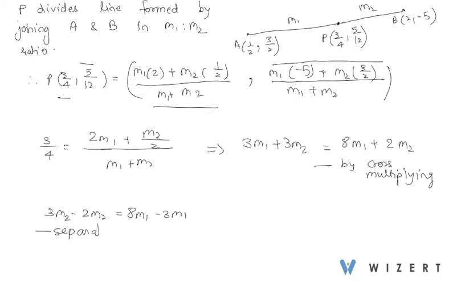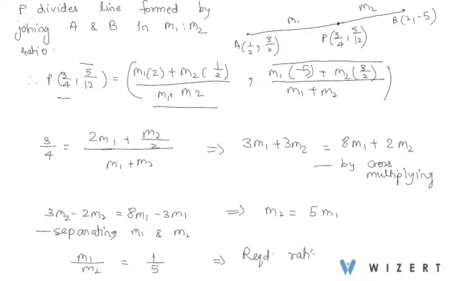Separating m1 and m2, we get m2 equal to 5m1. So we get m1 by m2 equal to 1 by 5. Therefore, the required ratio is 1:5.